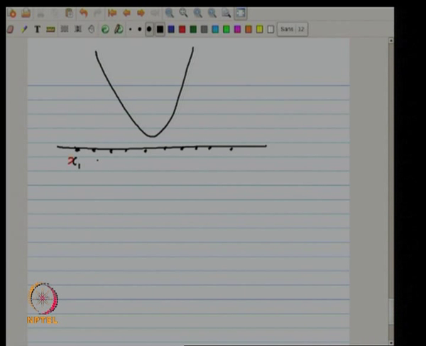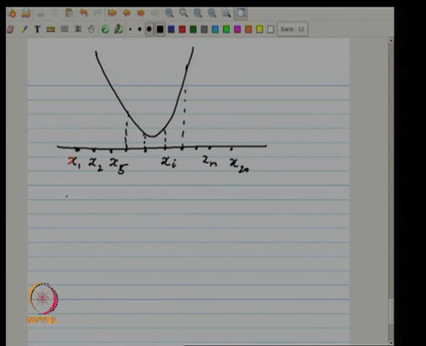And not necessarily in this ordered fashion. It is given to me in some oddball order: x1, x5, x2, xi, xn, x20, and so on and so forth. So, I have been given some points. What I am going to do is project these points onto this parabola. Actually, not project, I should use the word lift. So, I am lifting these points by one dimension.